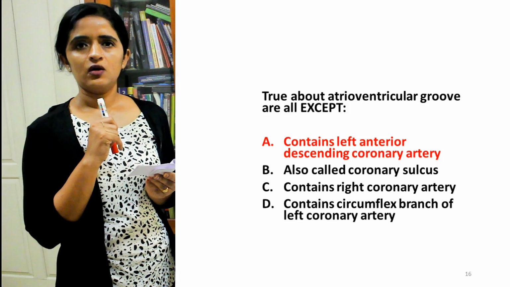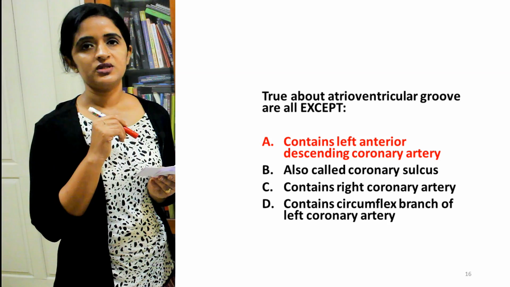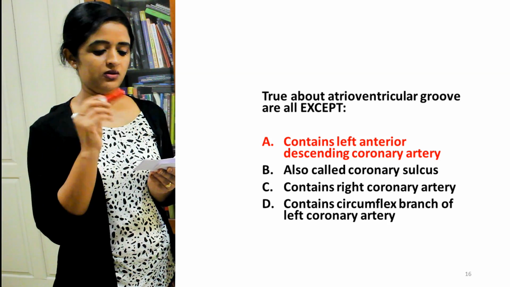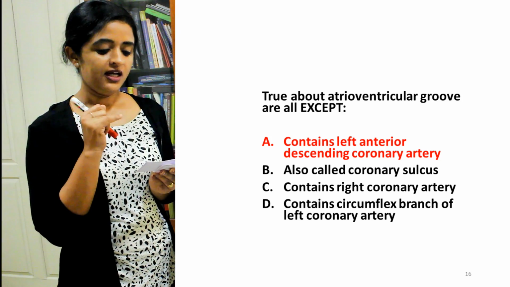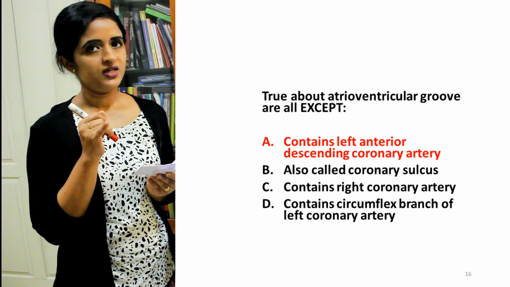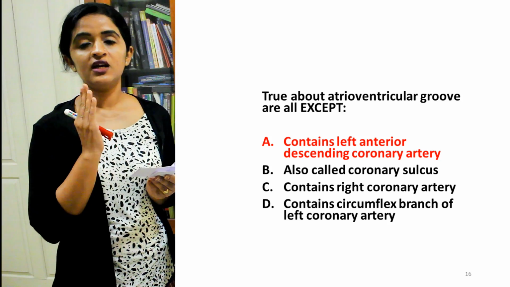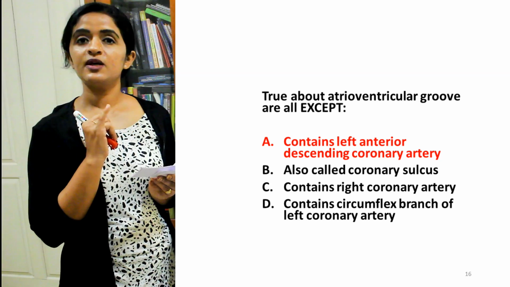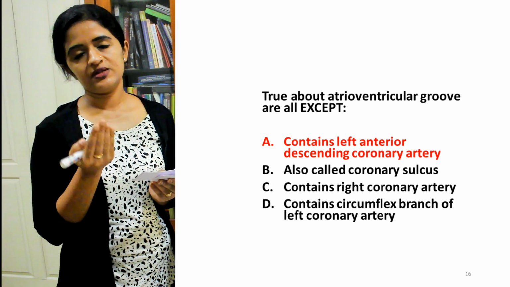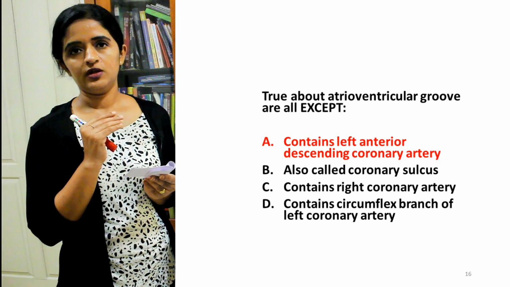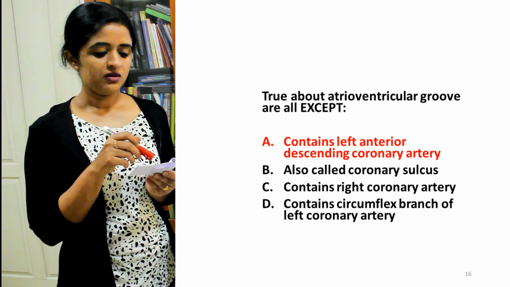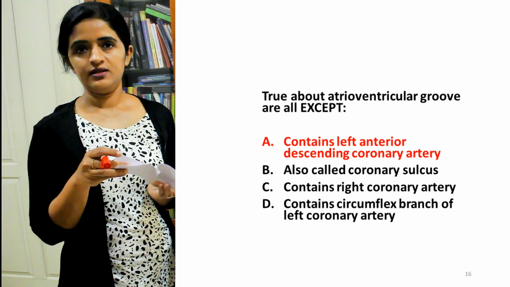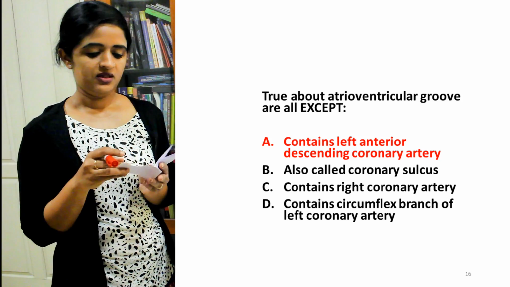It is also known as coronary sulcus. Yes, mainly in the posterior aspect where you get the coronary sinus lodged, you call it coronary sulcus. It contains right coronary artery. Yes, the first and second segment of the right coronary artery is lying in the atrioventricular groove. It contains circumflex branch of left coronary. Again, circumflex branch is lying in the anterior atrioventricular groove and the posterior atrioventricular groove. So the odd one out is that it contains the left anterior descending. It is not containing the left anterior descending.